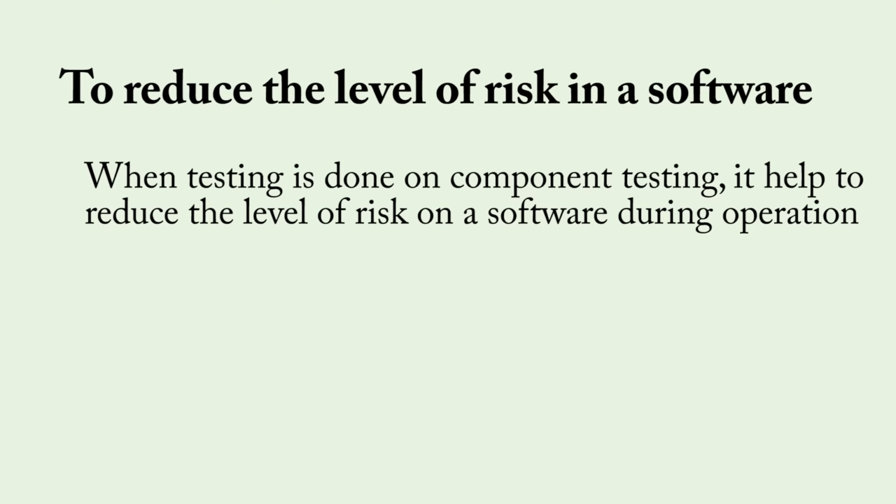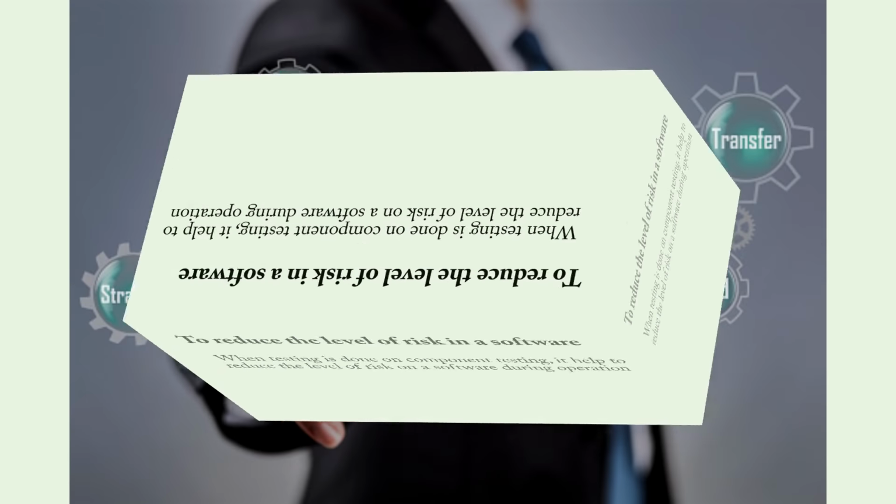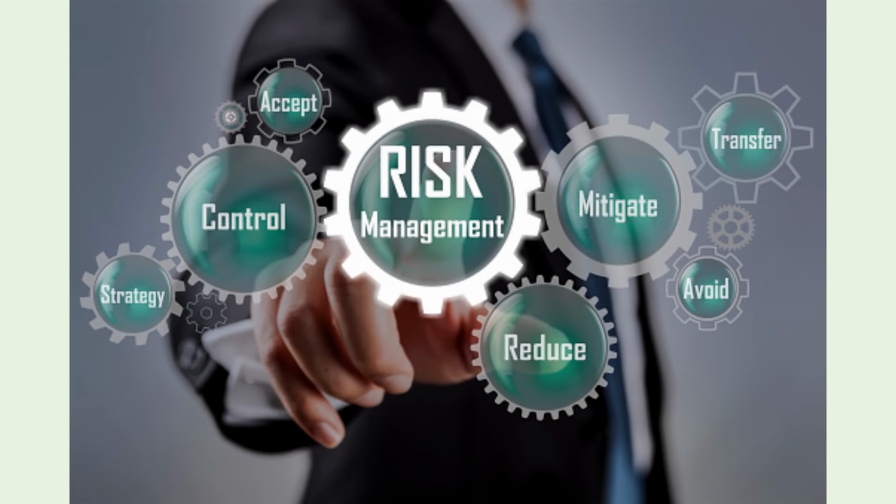From my explanation, the next point is to reduce the level of risks in a software. This one is the most powerful point. We do testing to reduce the level of risks in a software. When testing is done at component testing and system testing, it helps to reduce the level of risks in a software during operation.